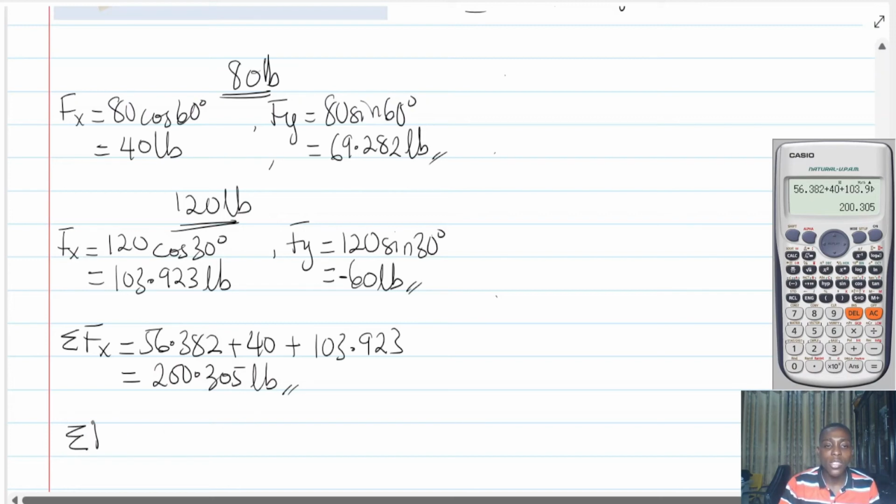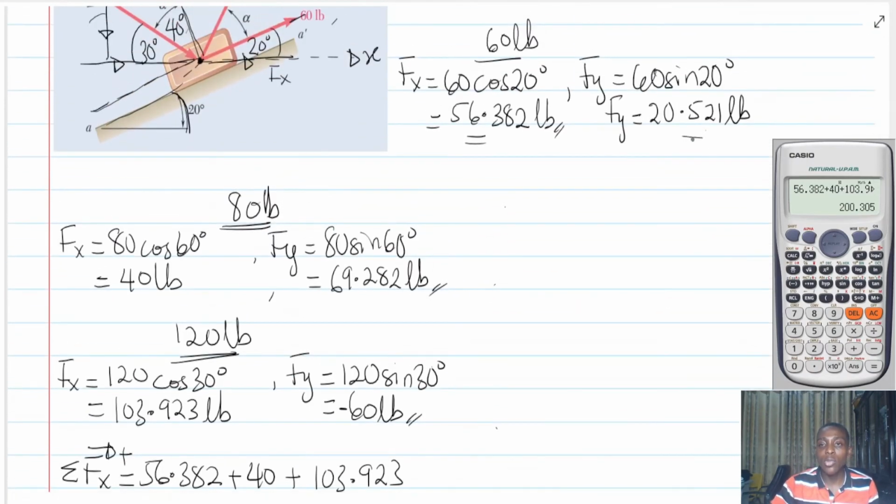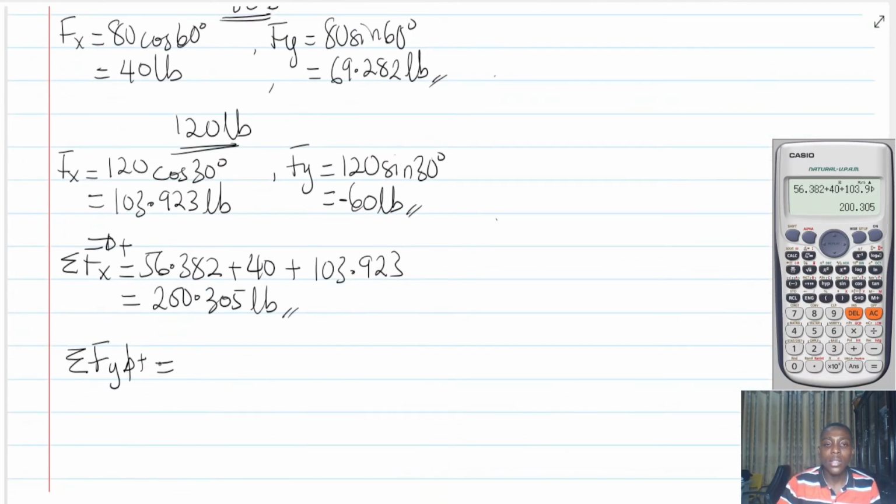All right, and then I will add all the forces in the y. So summation of forces in the y, and every force going up is supposed to be positive. So first of all, 20.521. Then I'll add it to this y component, which is plus 69.282. Then I'll add it to the last component, which is minus 60.